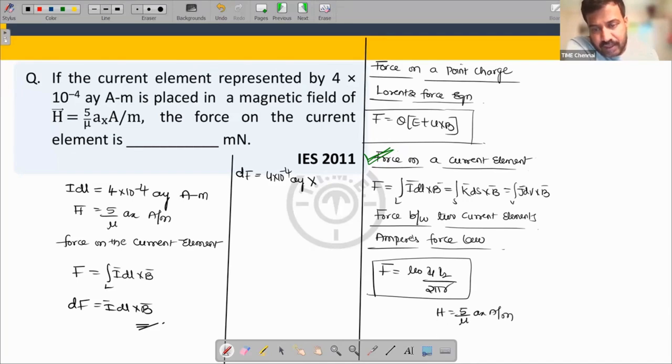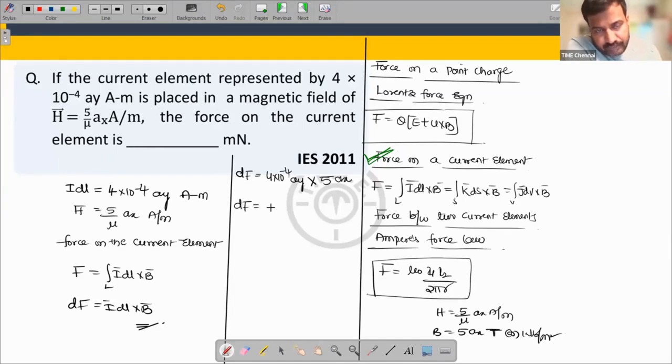Mu times H is B. Multiply with mu, it is 5 aX Tesla, or Weber per meter square as an alternate unit. So cross B is 5 aX.